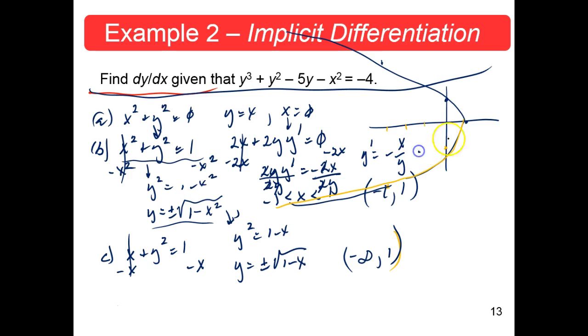So this would be negative x over plus or minus, and you probably should do them separately, the square root of 1 minus x squared. Now, when you do your derivative that way, don't you see more clearly why you have to exclude plus or minus 1?